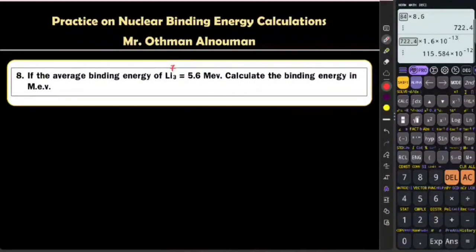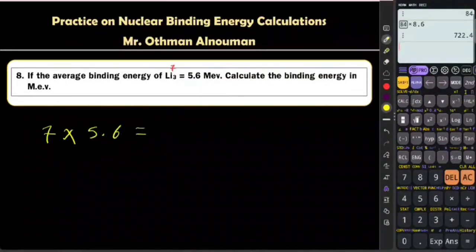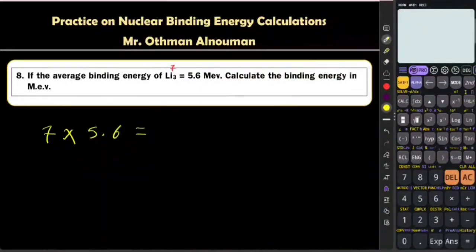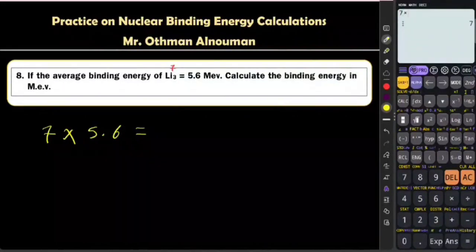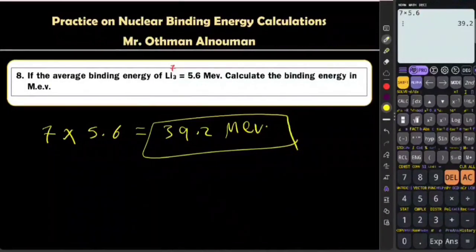Now if the mass number, the nucleon number, is 7, we calculate 7 times 5.6 equals 39.2 million electron volt. This is the binding energy in million electron volt.